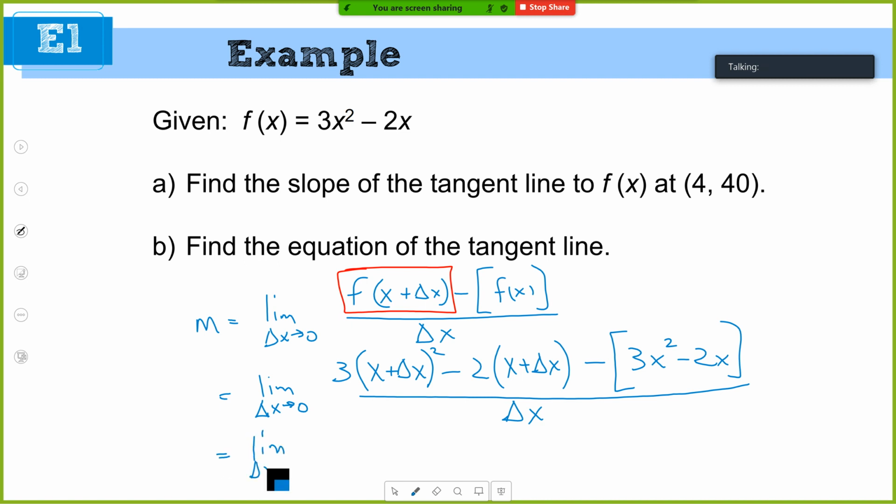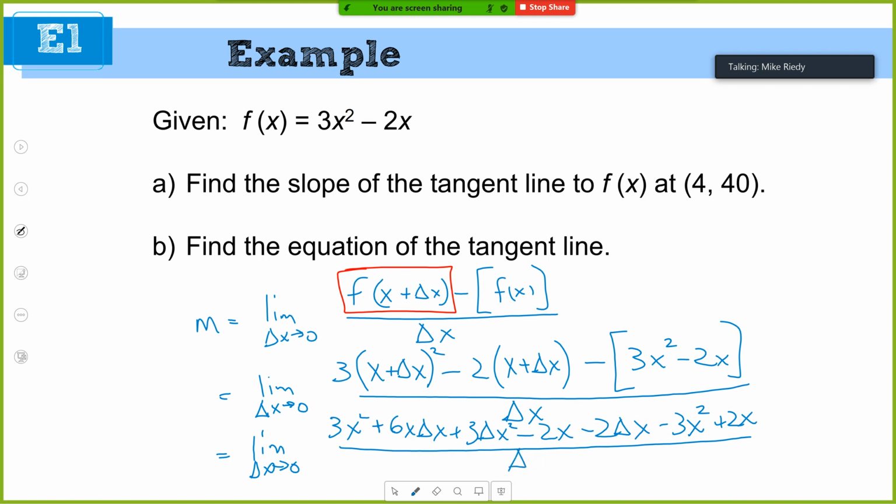The limit as delta x approaches 0 of 3x squared plus 6x delta x plus 3 delta x squared minus 2x minus 2 delta x minus 3x squared plus 2x, all of that over delta x. Boom, boom, boom, boom. I'm running out of room here, but hopefully you see what I'm going to end up with.